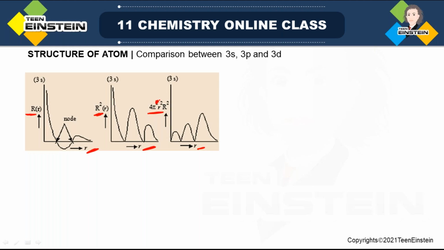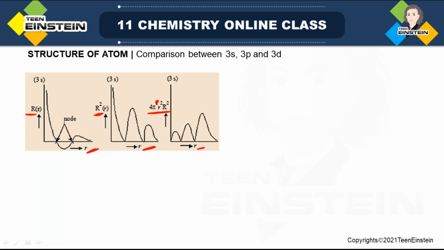But if you divide it by the volume, that is 4 pi r square, and dr also element, there is another component, but for simplicity it is simply 4 pi r square. So this is radial probability, but if you divide it by the volume, then you will get radial probability density. Now why is it important for you to know these three? Because in questions different types of graphs may be given. So if we have prior idea about that, it will be helpful for us.